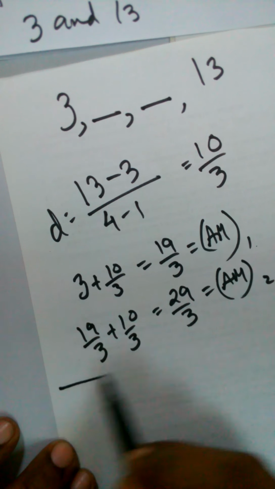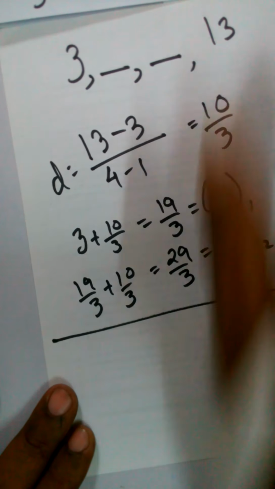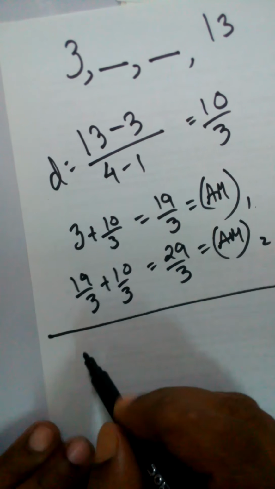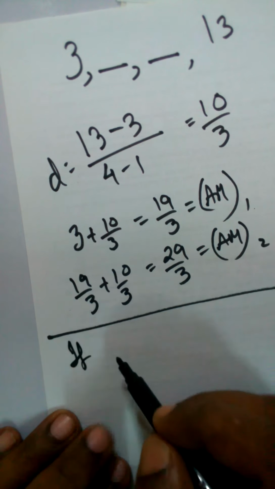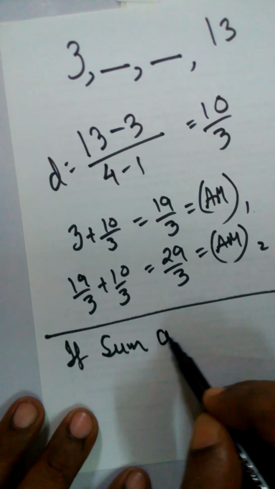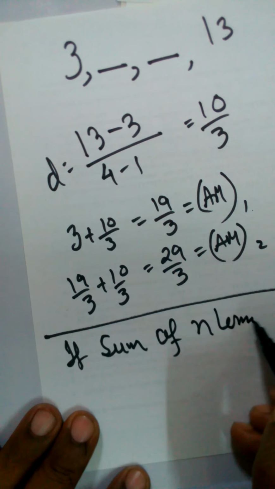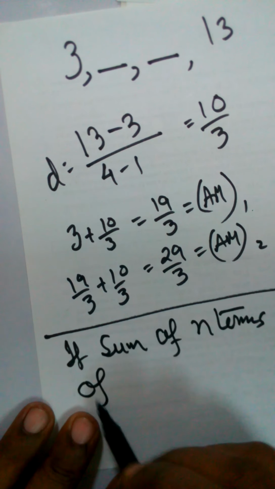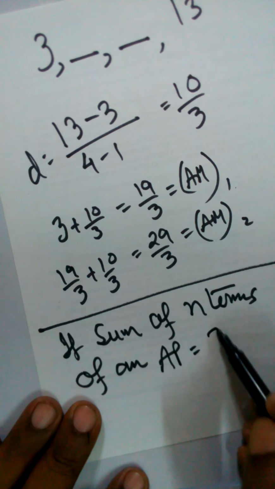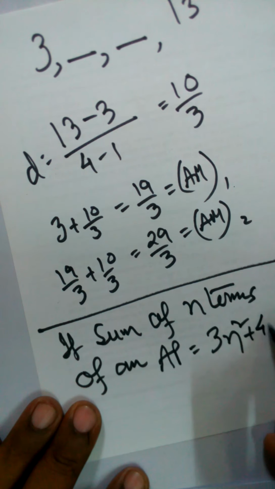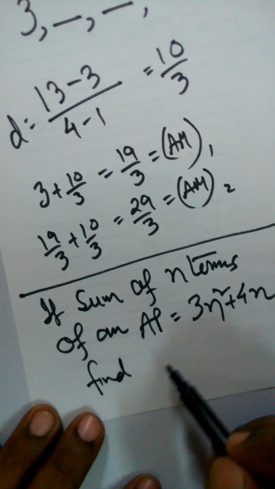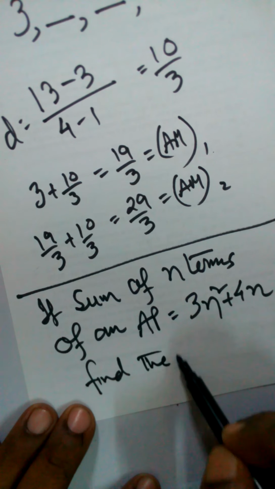Now I would like to discuss one very important, typical type of problem. The type is: if the sum of n terms of an AP is equal to 3n square plus 4n, find the nth term.